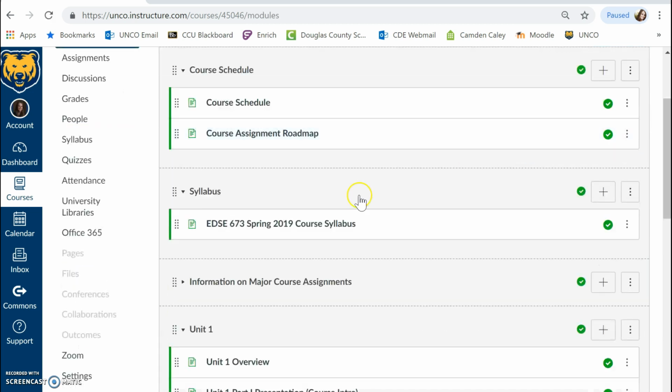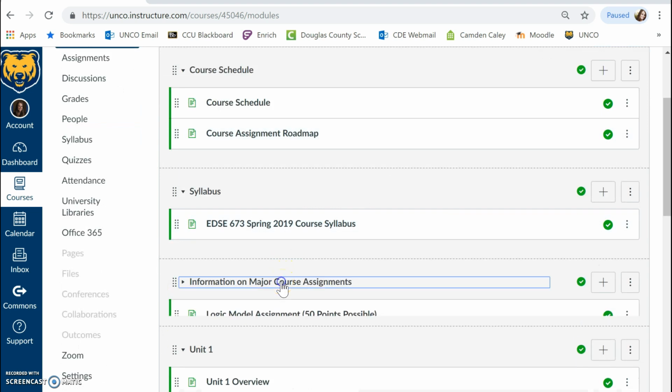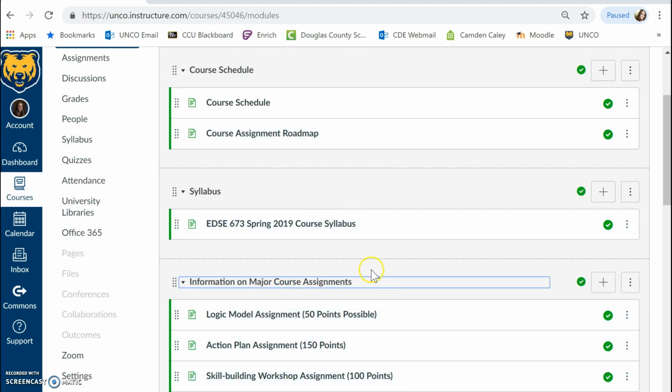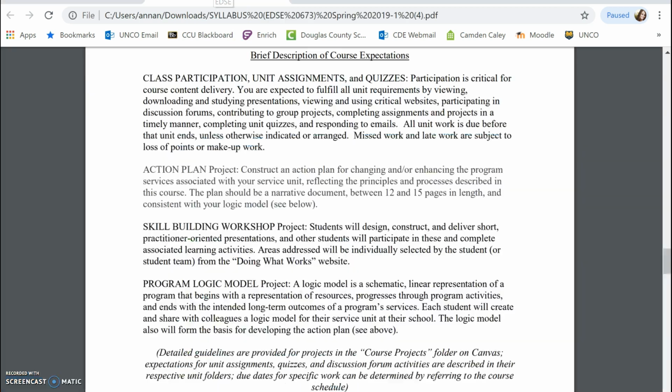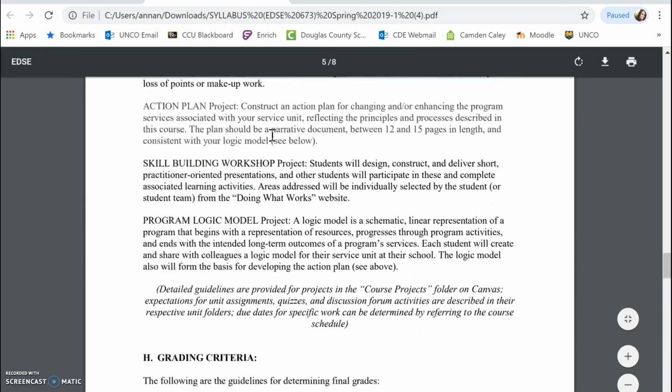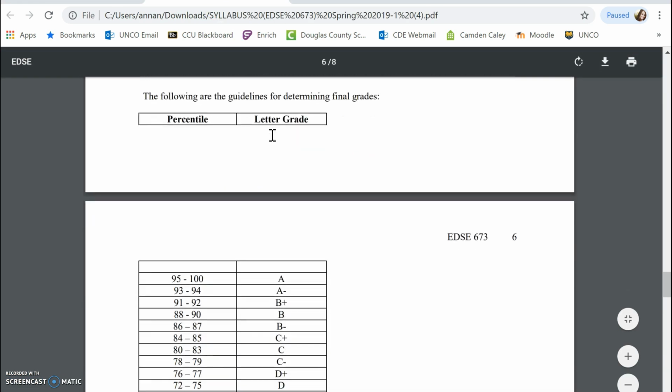And it will say for you information on major course assignments. You can look through each here and you can take a look at rubrics, etc. And then as our units open, as we move through the course, you'll see additional detail about drafts and what we're looking for and kind of a timeline for each of these projects. So feel free to reach out with any questions on those as we go along.